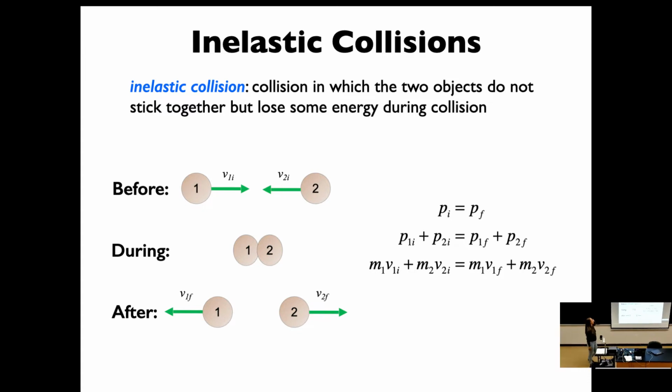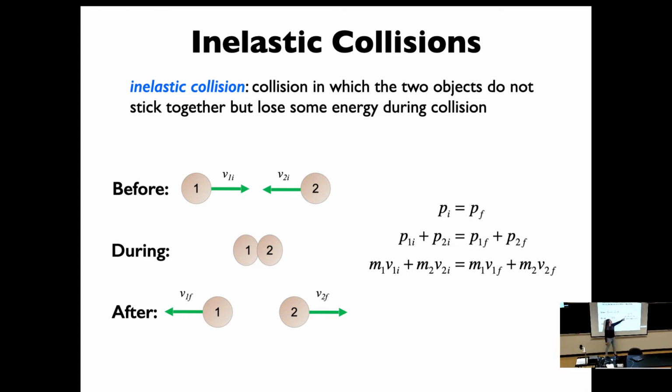So let's talk about inelastic collisions. Remember, an inelastic collision is just any general collision where things don't stick and energy is not conserved. The way it's set up is you use conservation of momentum. That means initial momentum is equal to final momentum.